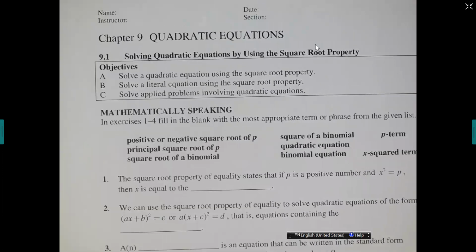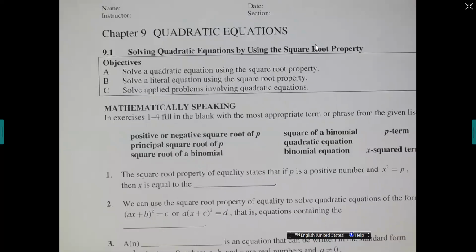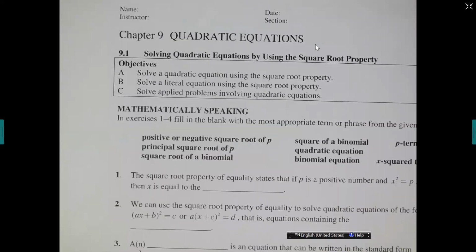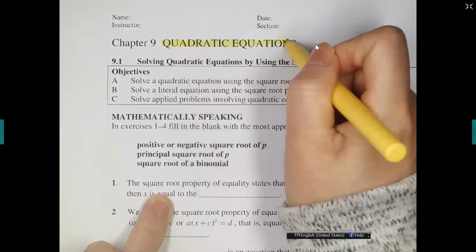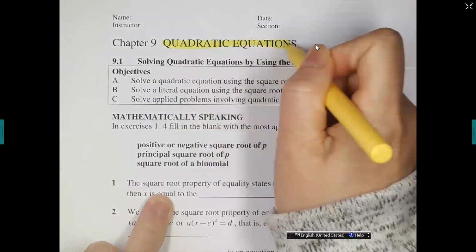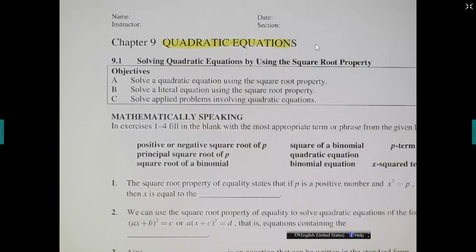Okay, so what we are going to do today, we are going to work on two topics. The basic idea is we are going to go back to the quadratic equation. And let me highlight the title. This is not new to us. Think of what we have done in chapter 6. We have actually learned how to solve the quadratic equations.